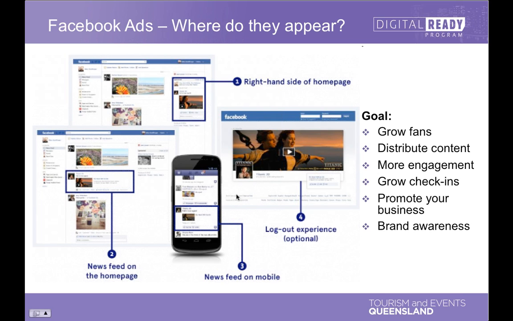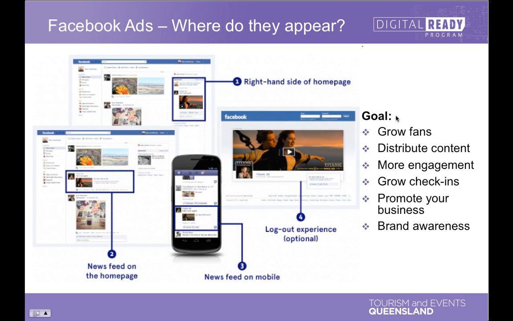What happens with this one, the logout experience, is if someone logs out from their Facebook page, they will be shown a video of your ad. Okay, so they're normally high budget, but something to consider if you're in that market and want to take advantage of that as well. But these ones you can load up yourself and track yourself at home. These ones are normally purchased through a reseller or an agency.